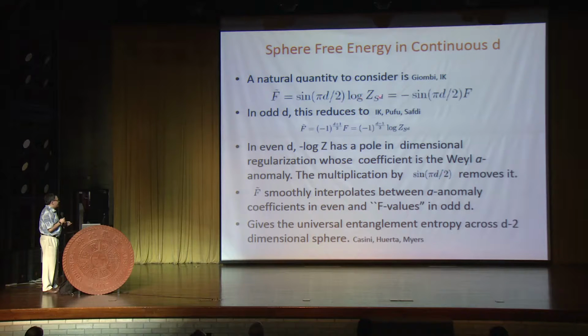So the log Z on S^d is just a sort of raw partition function, but it's useful to multiply it by sine pi d over 2, because this quantity actually has poles near even dimensions due to the Weyl anomaly. So for example, in 4 minus epsilon, this quantity has the structure A anomaly over epsilon, and to cancel this pole, you multiply it by the sine. Then everything works quite nicely, and you get very smooth functions, which interpolate between F values in odd dimensions, which are these universal entanglement entropies, and just the A and C anomalies in 4 and 2 dimensions.